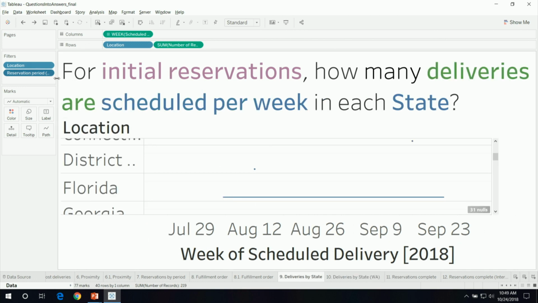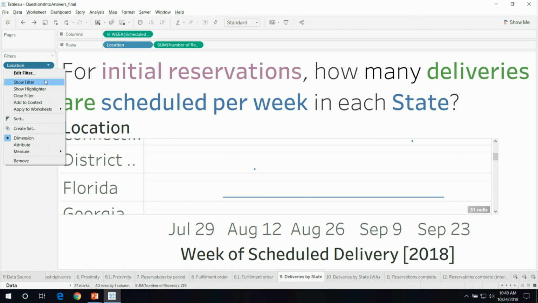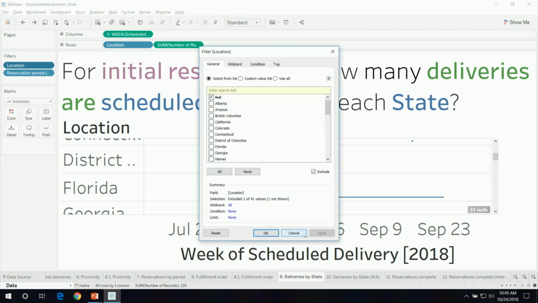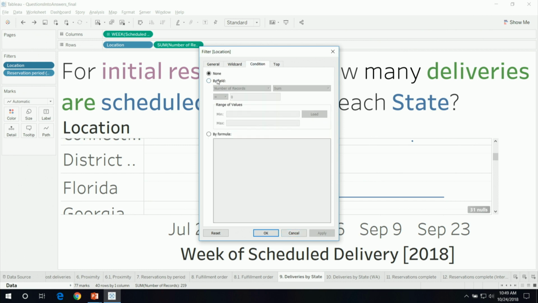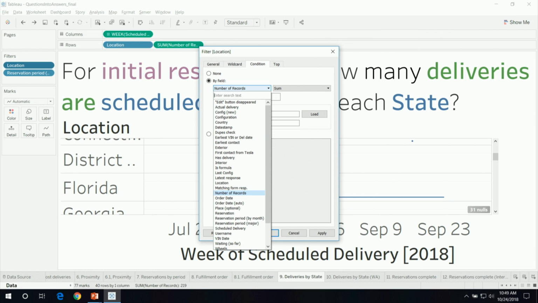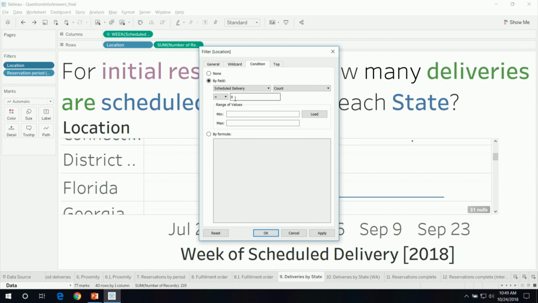I could, if I didn't want to do that necessarily, edit this question and say, for initial reservations, how many deliveries are scheduled per week in each state, with count of scheduled deliveries greater than, let's pick some number, 10.